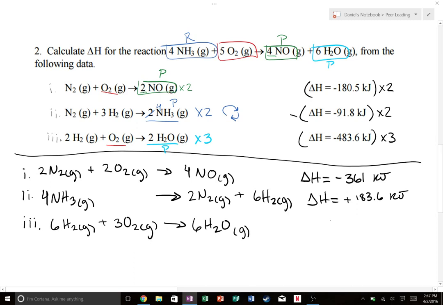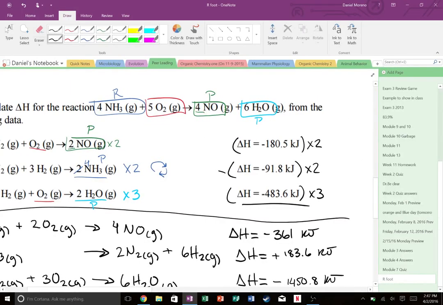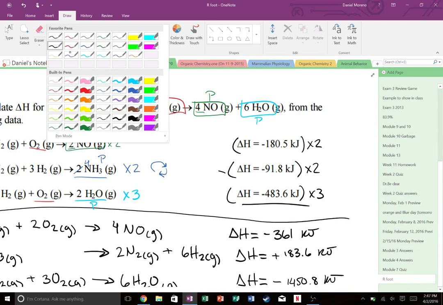All right, and delta H times 3, so we're going to go ahead and get that negative 483.6 times 3, which gives us negative 1,450.8 kilojoules.